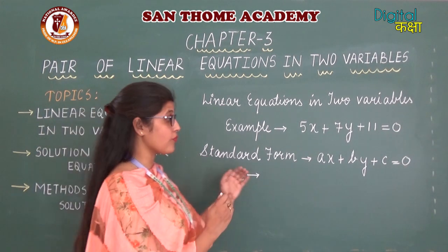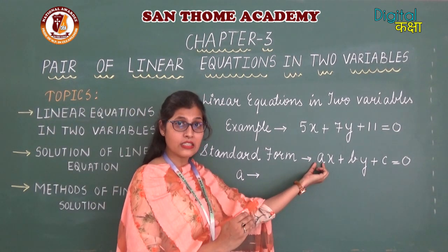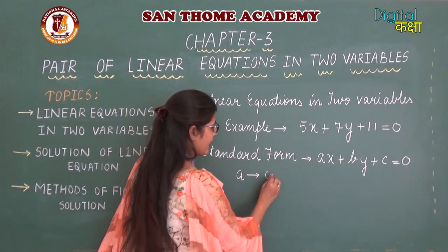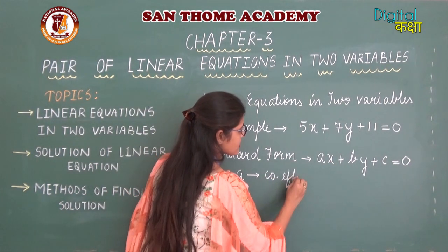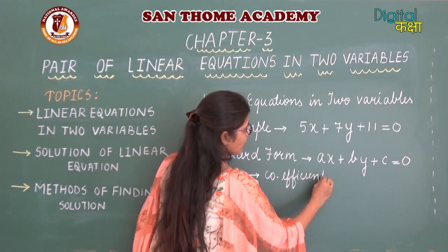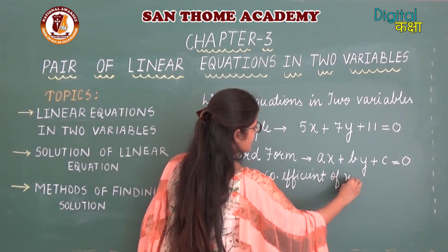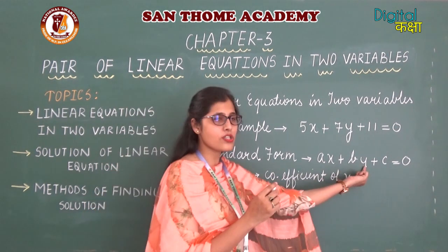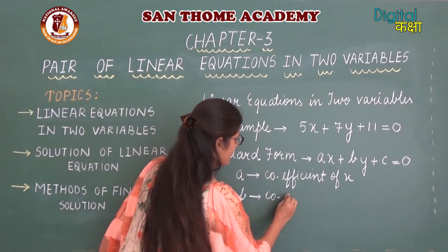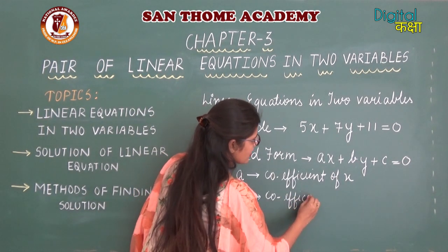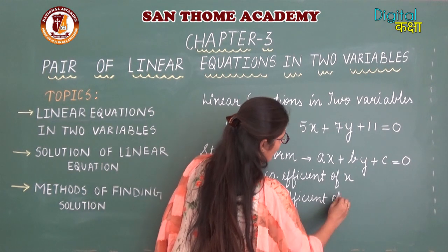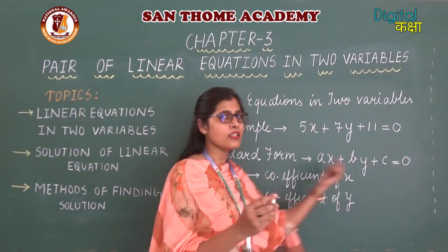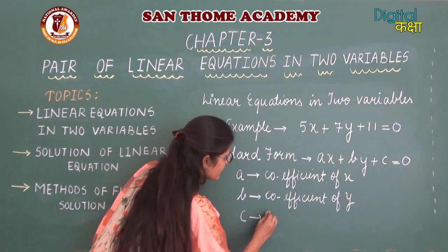By looking at the standard form, you can understand that a is the coefficient of x, and b over here is the coefficient of y. B is the coefficient of y and the c, that term c I have written is constant over here.